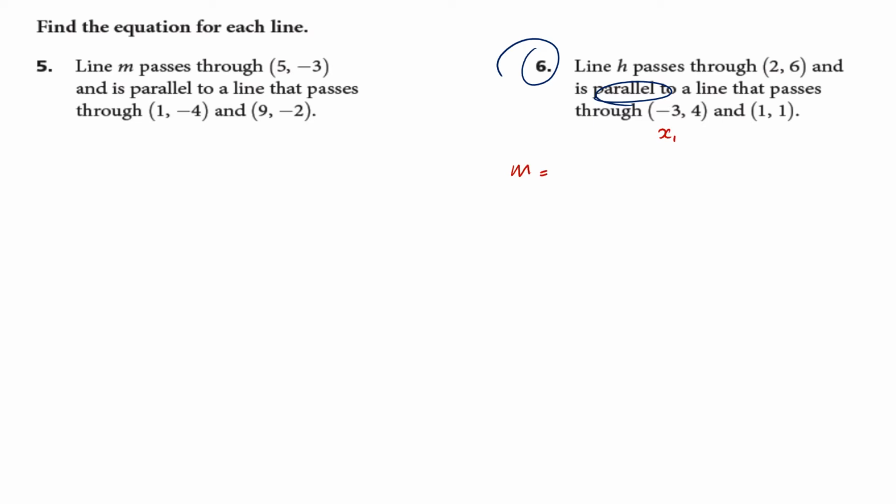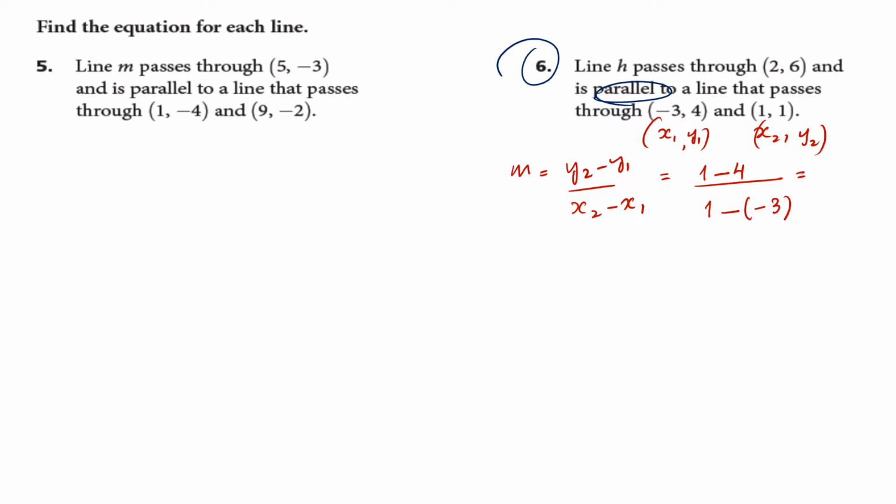Label x1 and y1 for the first point and x2 and y2 for the second point. Now use the formula y2 minus y1 divided by x2 minus x1. Replace y2 by 1, minus y1 which is 4, x2 is 1 and x1 is negative 3.